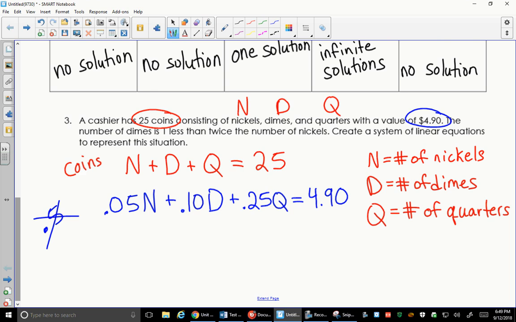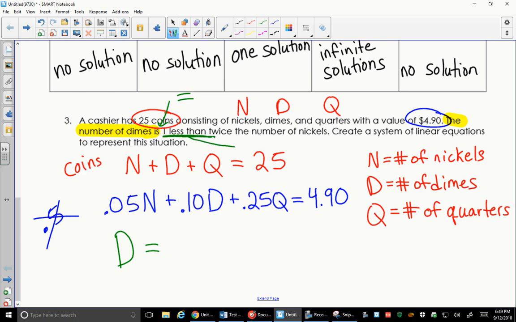Okay, so the last one is our tough one. Last one's a really tough one. Look at how the sentence starts. The number of dimes is. What do you need to know about is? That's your equals. So our equation starts D equals 1 less than twice the number of nickels. This part right here, 1 less than.